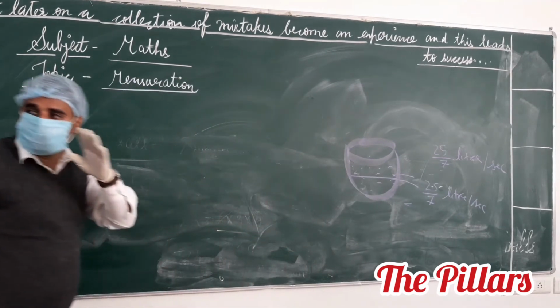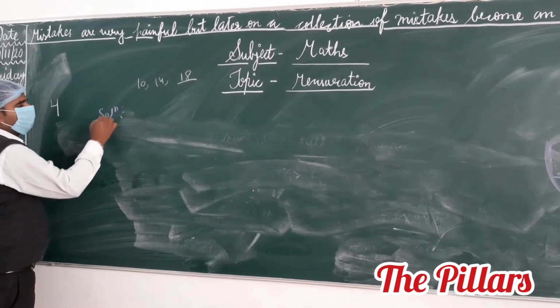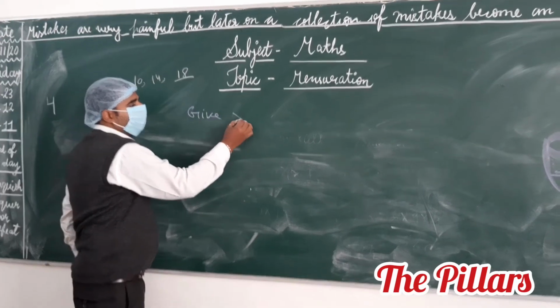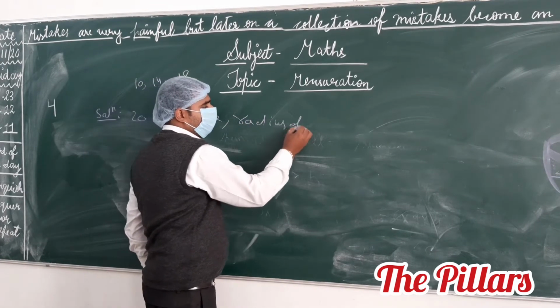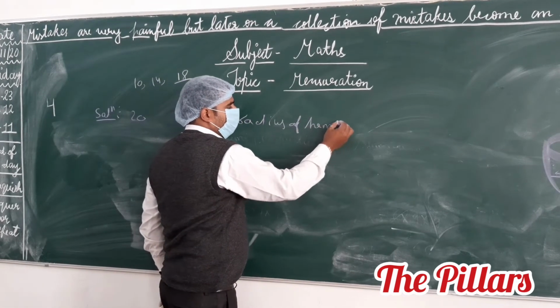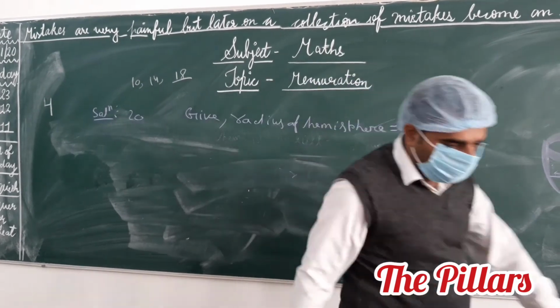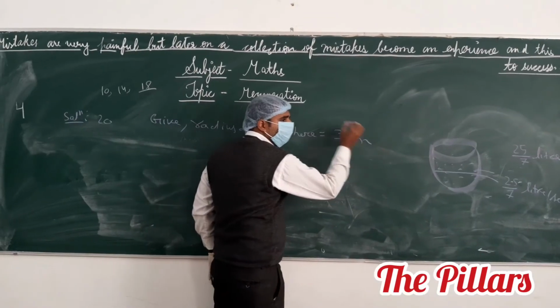First you have to mention the given things. Solution number 20. Given: radius of hemisphere equals 1.5 meter.